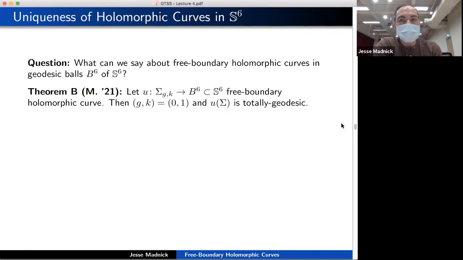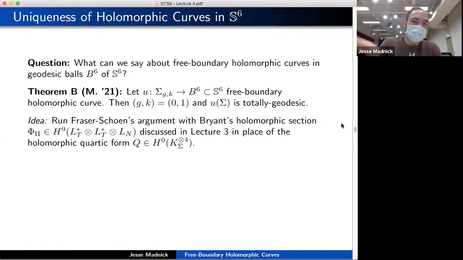Okay, and the holomorphic curve is free boundary, so it intersects the boundary of the 6th ball orthogonally. And a priori, sigma has any genus and any number of boundary components. But in fact, the conclusion is that the genus has to be 0, the number of boundary components has to be 1, and your surface has to be totally geodesic. That's the conclusion. And the proof is the same.